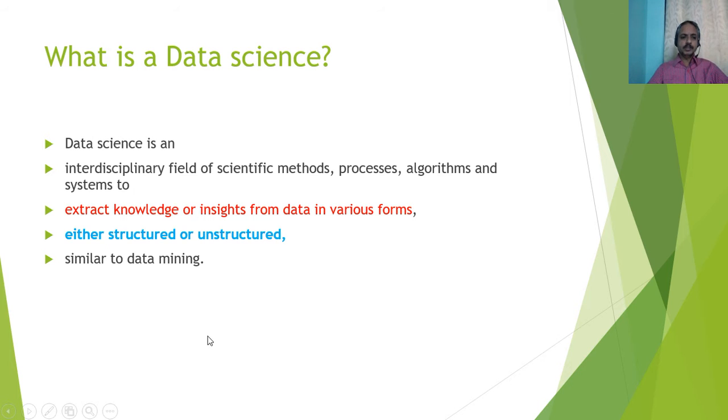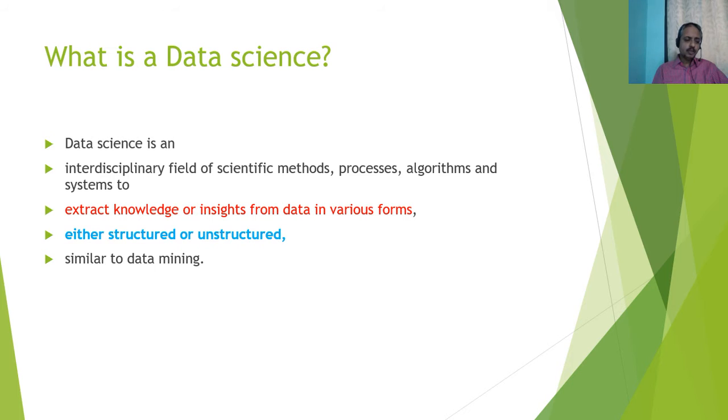The third component is structured and unstructured data. Before 2000, most data was structured, like Oracle, SQL Server, and MySQL, which you have probably heard of. Structured data is in a tabular format with rows and columns.